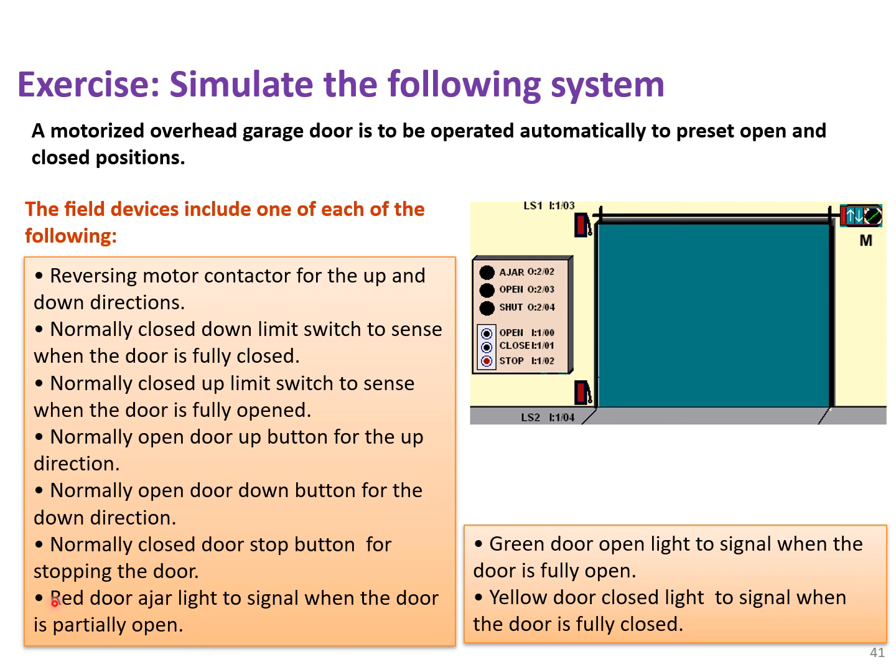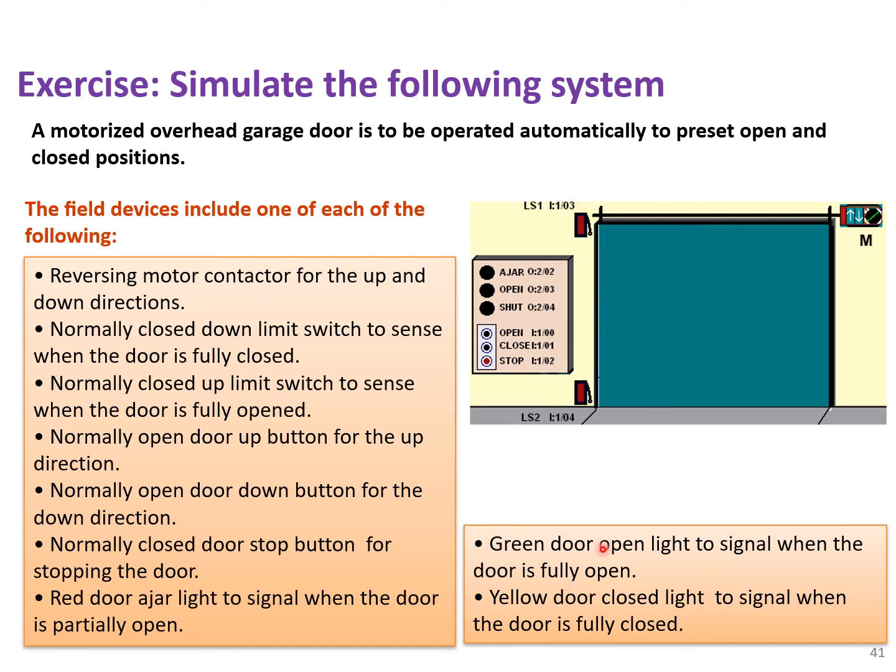Okay, we have some lights. We have a red door ajar light to signal when the door is partially open. Okay, this is the light when it's partially open, when we are not in the open and close positions, when these limit switches are not activated.